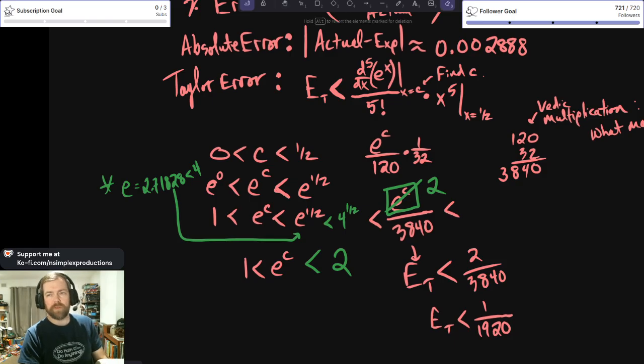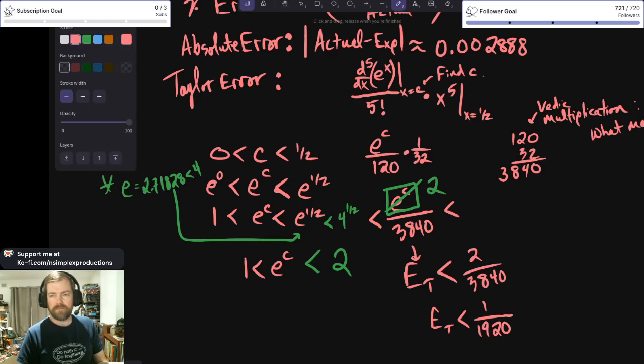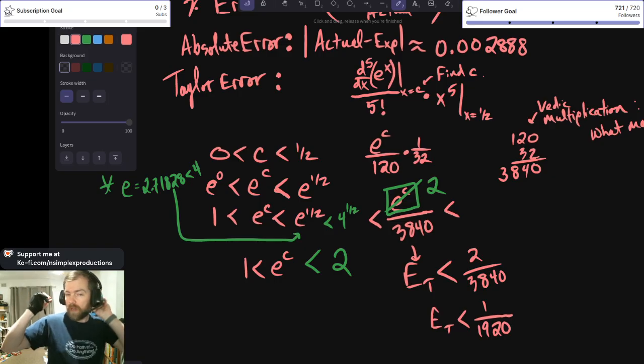So we have to make a little bit of an argument for it, but this is the idea. We can find some value that is going to bound our error from above.